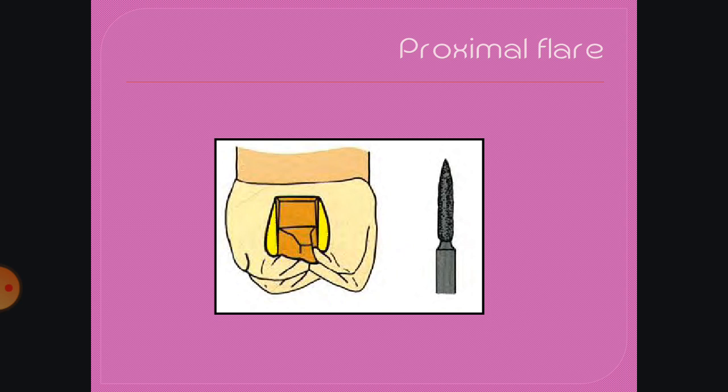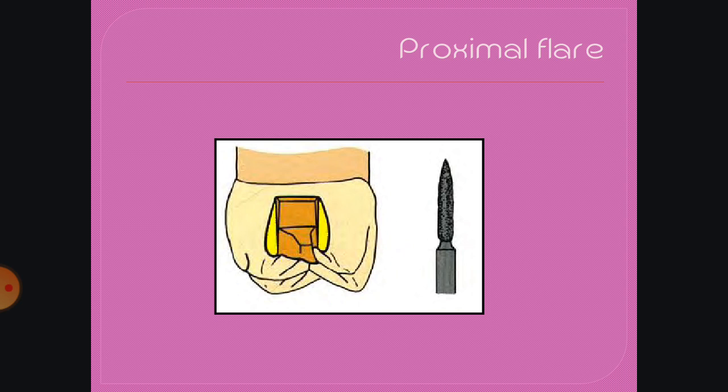The flare is narrow at the gingival end of the tooth and it becomes wider towards the occlusal end. So here you use the flame shaped diamond to make the proximal flare. With the help of the proximal flare, you will get better marginal integrity of the inlay to the remaining tooth structure.